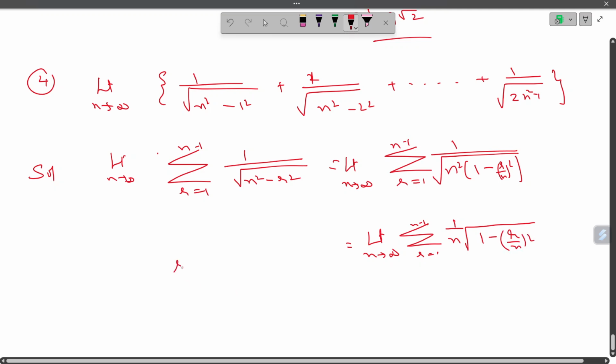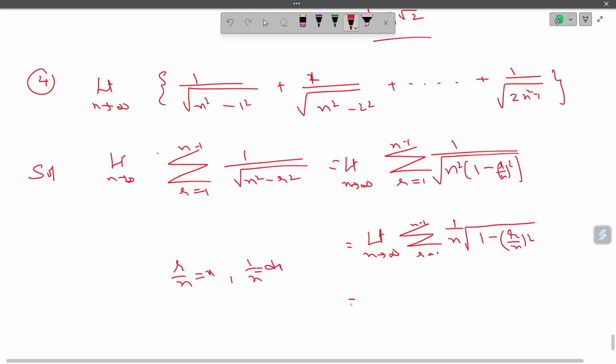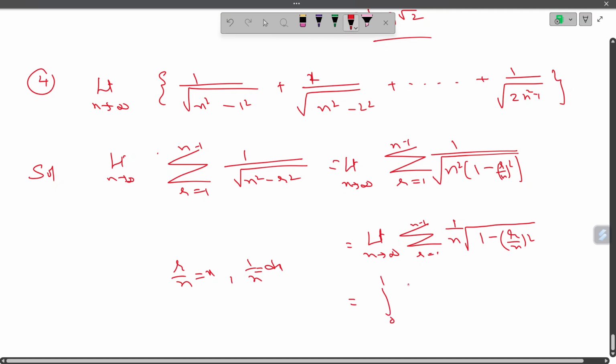So similarly r by n equal to x, 1 by n equal to dx, and the limit is 0 to 1. Dx by under root 1 minus x square.